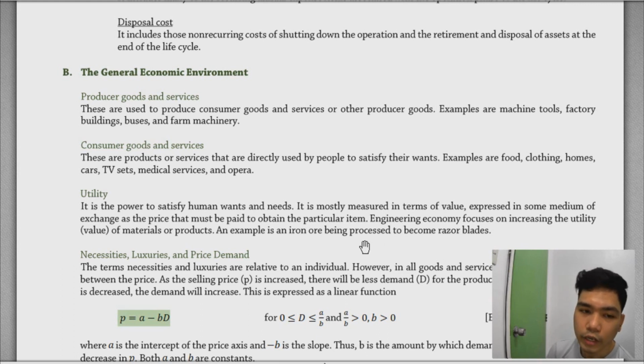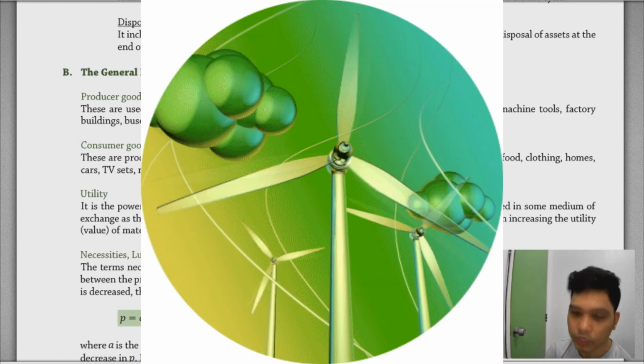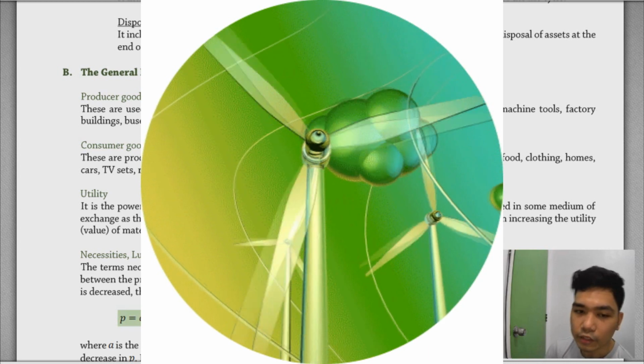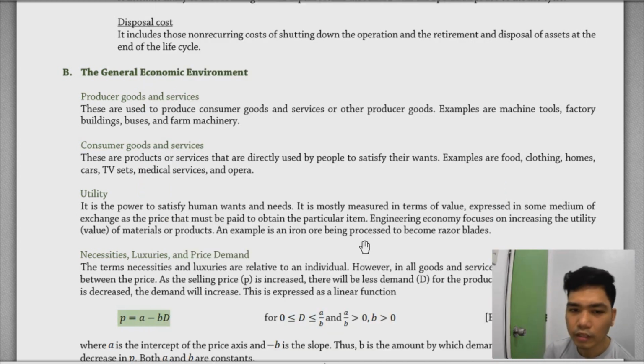So, one very good example of utility is electricity. And electricity doesn't have any price. I mean, technically, it is measured in a different medium based on this definition, and the medium is what I would call the kilowatt hour or the power.